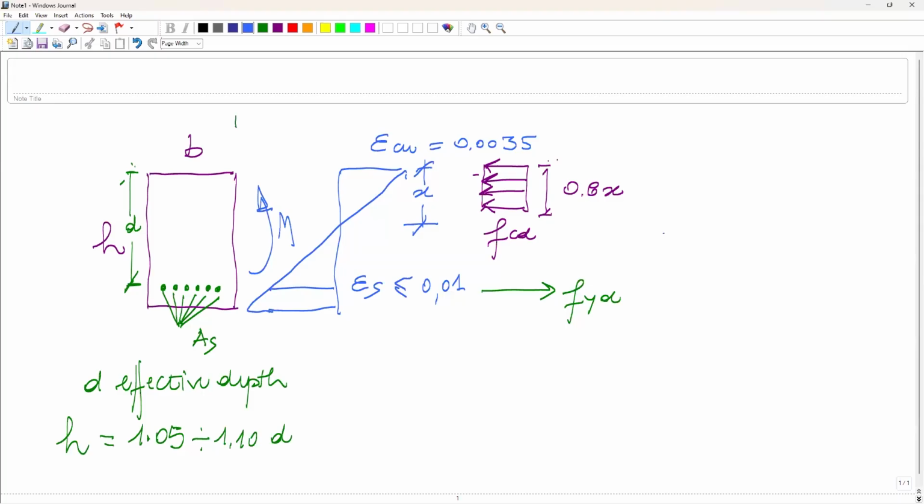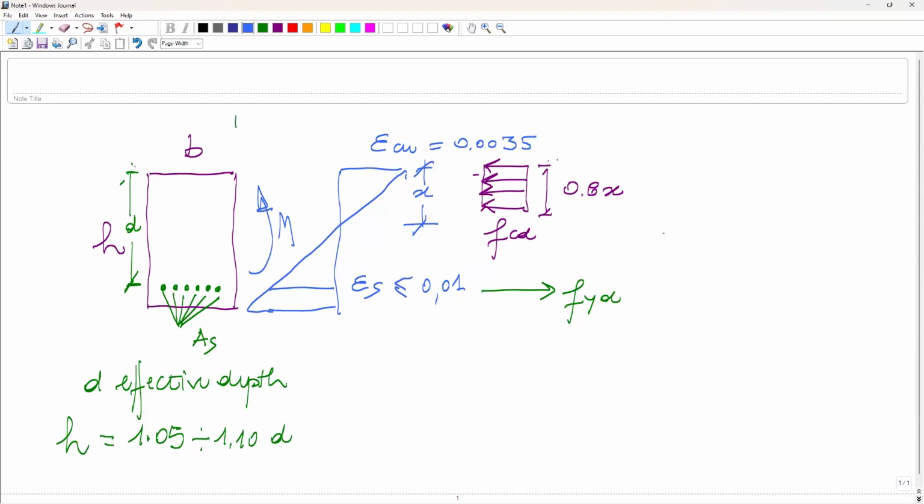So demanding that concrete deforms up to 1% is a very, very huge demand. At that stage, the concrete is very, very cracked. So the reason for this fictitious limit on steel was because the surrounding concrete at that deformation limit would no longer have been able to guarantee the bond and the continuity.